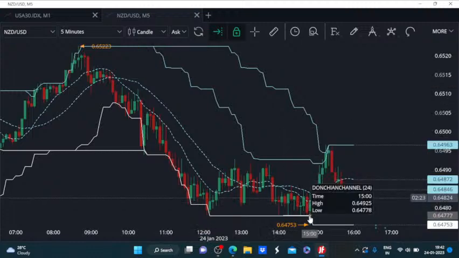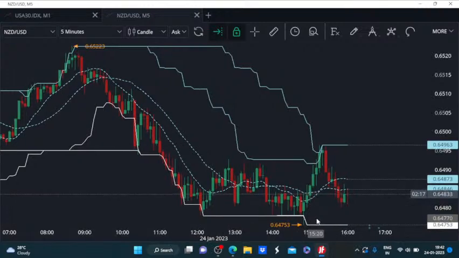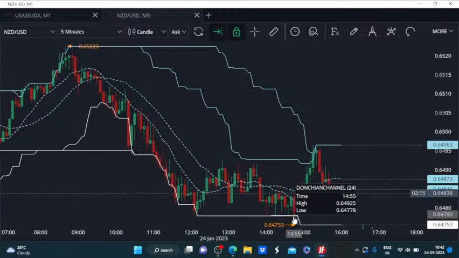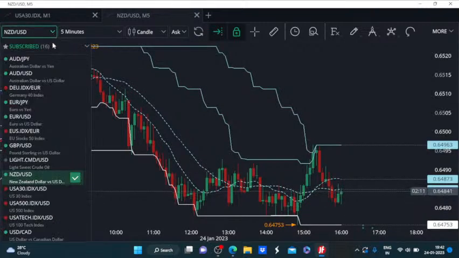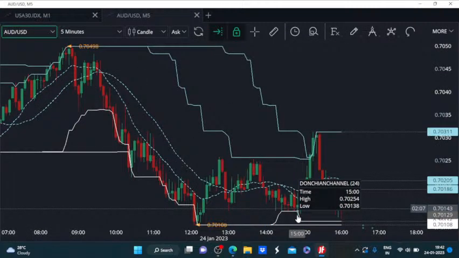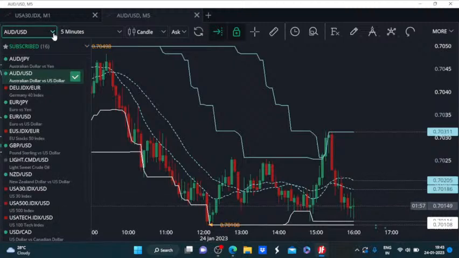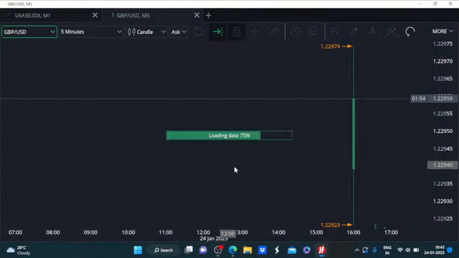But we have to look at this immediate swing low which has been formed just an hour back, which is in line with the low formed for the GBP, and AUD and euro haven't really formed a fresh swing low. So that is something which is going to put the NZD ahead of the AUD and the euro in terms of its bearishness against the dollar in today's session, but that is also going to put it behind the GBP.